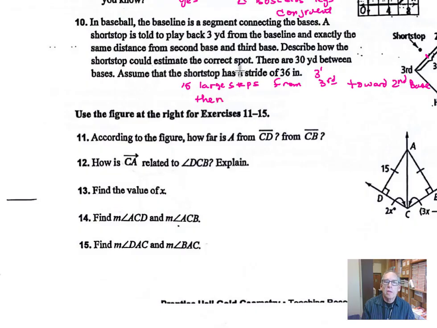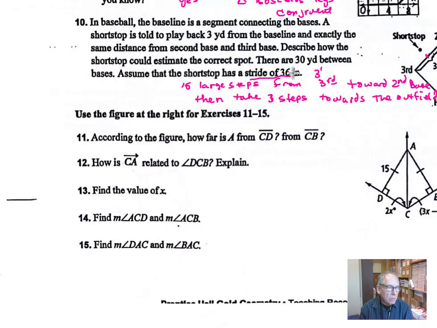Then take 3 yards, so take 3 steps towards the outfield. So that'd be one way of doing it with steps. And I didn't even think about that till they talked about the stride of 36 inches.